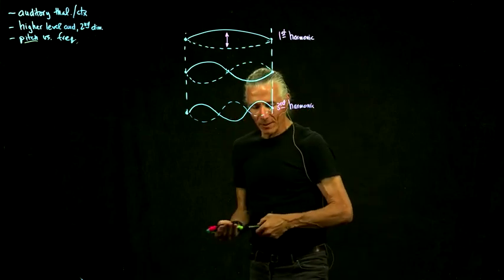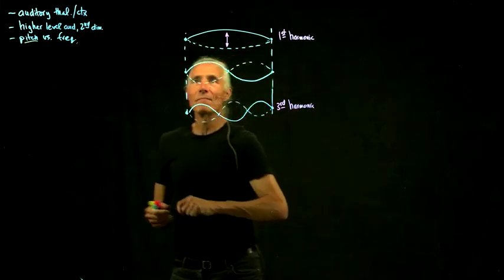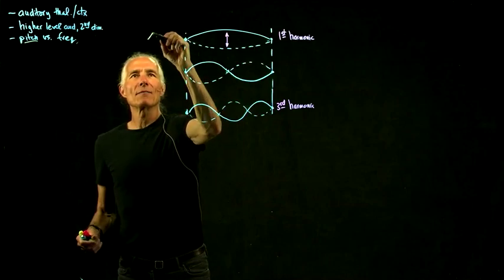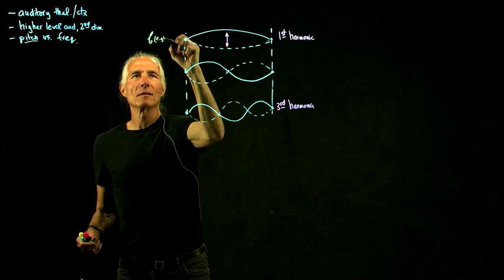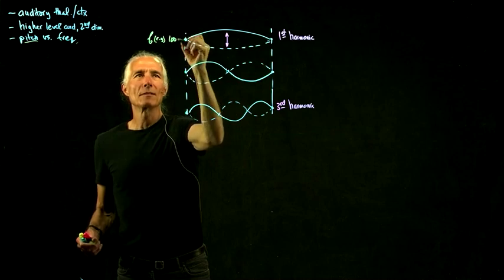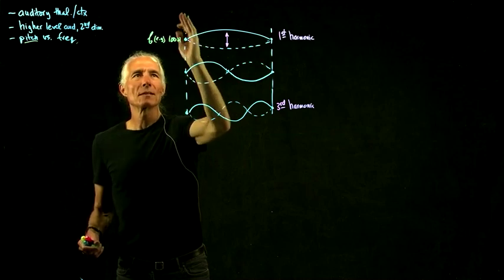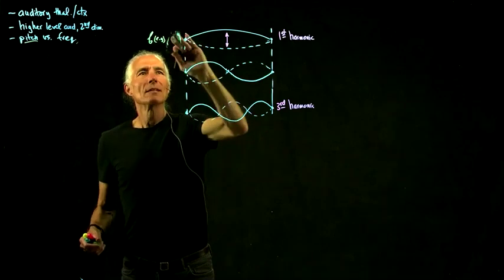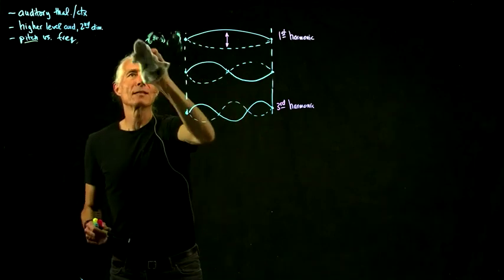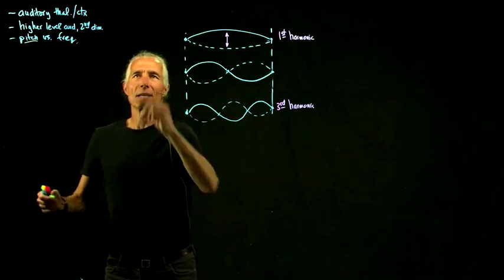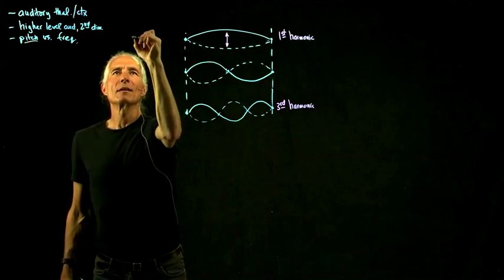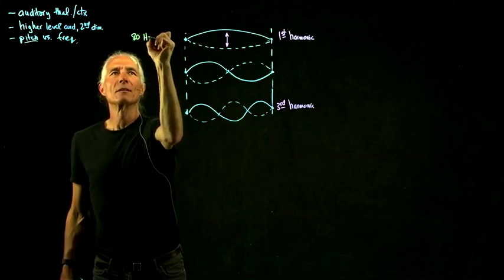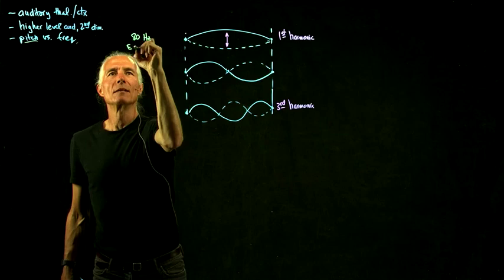Now, what are the frequencies of these harmonics? Let's make it like the bass note of a guitar, which is about 80 hertz. That's the low E string.